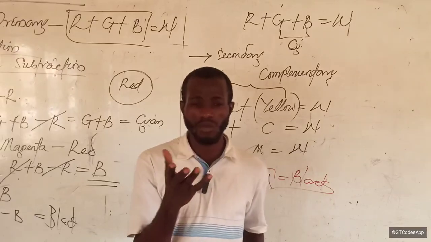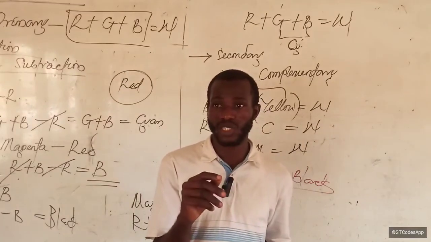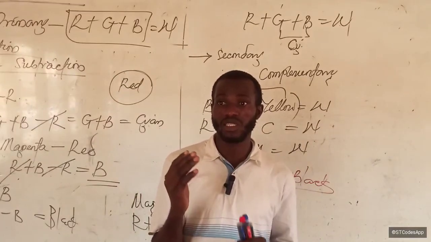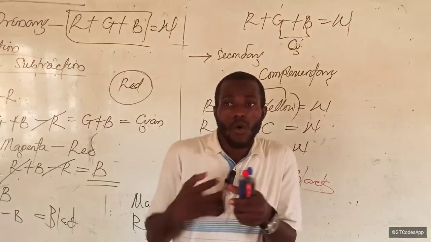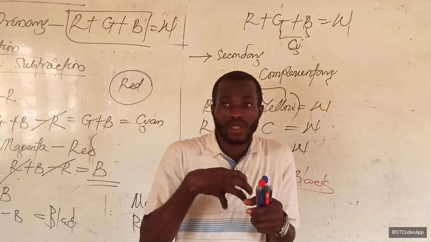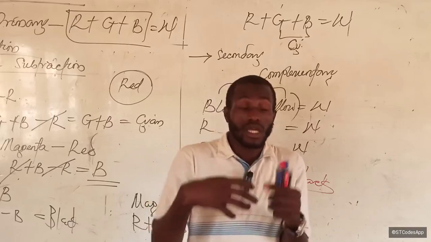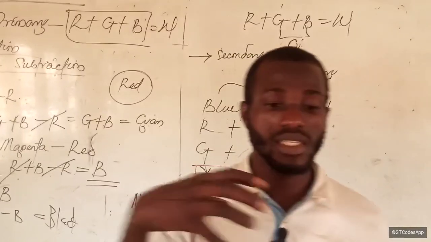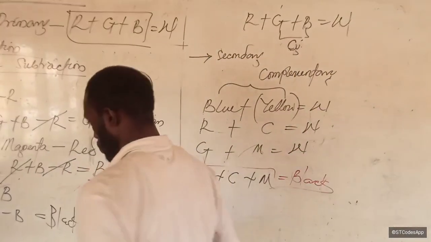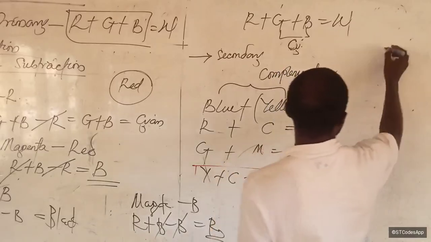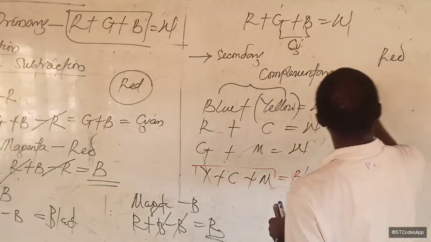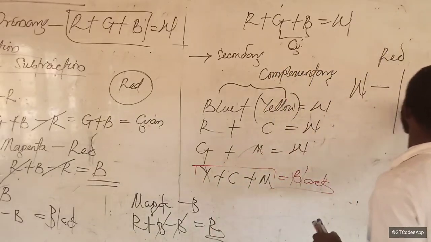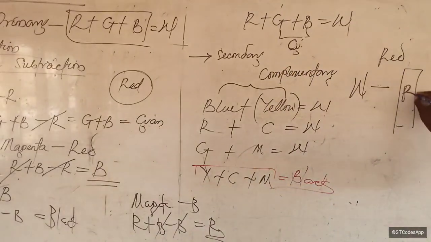Okay, there is something more about color filters. Color filters are substances that can absorb only their own colors, or only their own frequency. For example, if I have a red color filter and I shine white light on it, it will absorb red and then transmit the remaining wavelengths.